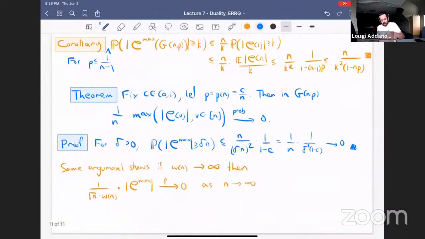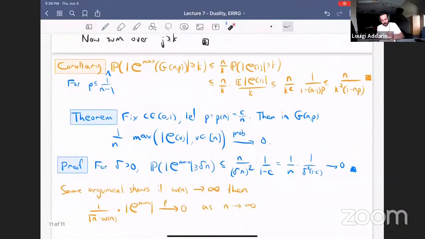Because when I plug in root n omega n in place of delta n, the root n squared cancels the n, and I still have something tending to infinity on the bottom.